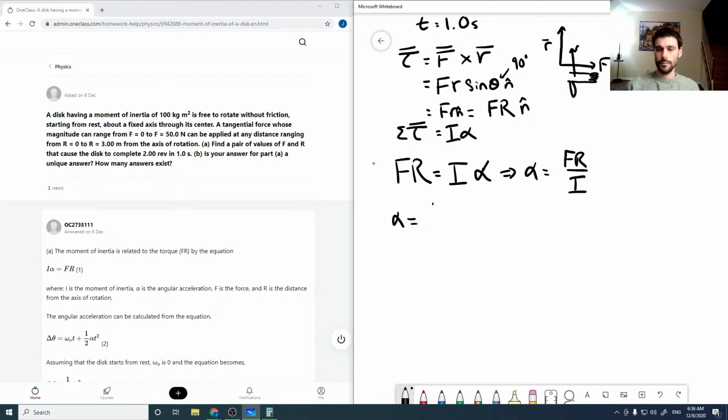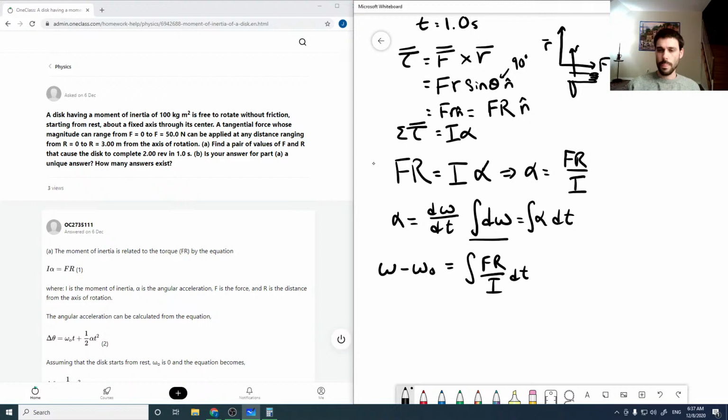Now alpha is d omega by dt, and so we can rearrange this to say that d omega is alpha dt, and integrate both sides to get our omega. Integrating the omega side, we have omega minus omega naught. The alpha side would be the integral of Fr over I dt from 0 to t, assuming that we're starting from time 0 and going to some time t.